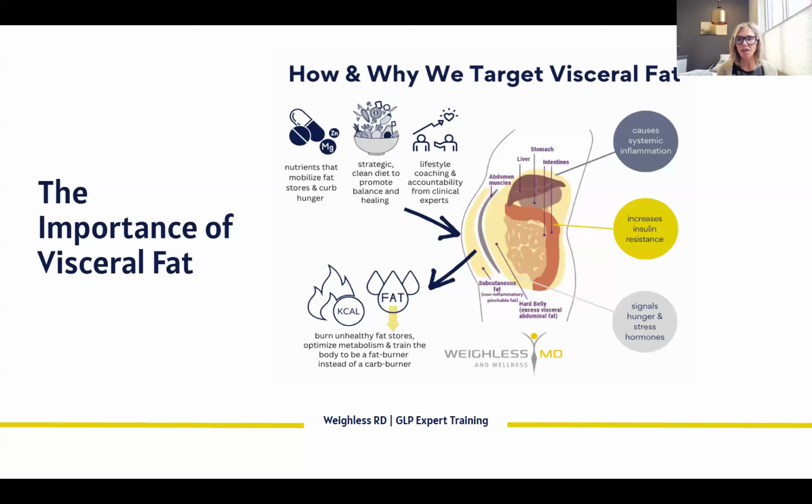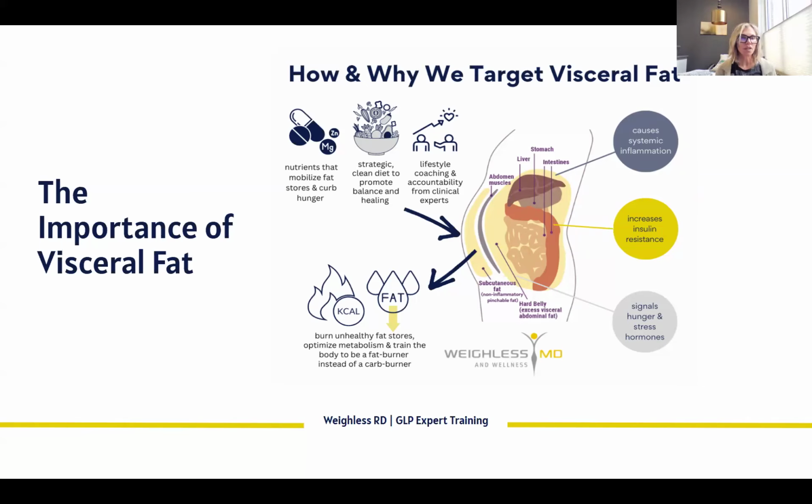It completely causes an imbalance in certain hormones, like the stress hormones, the cortisol hormones. So people that have more visceral fat are complaining of sugar cravings. They're hungry. They can't sleep at night. They feel stressed all the time with just little situations because their bucket is too full.